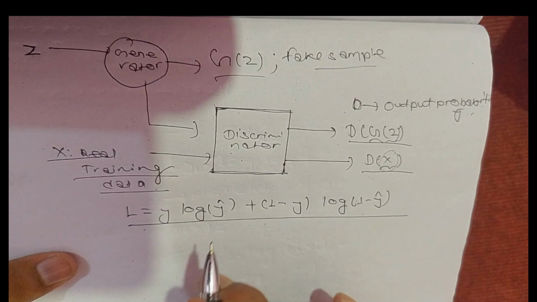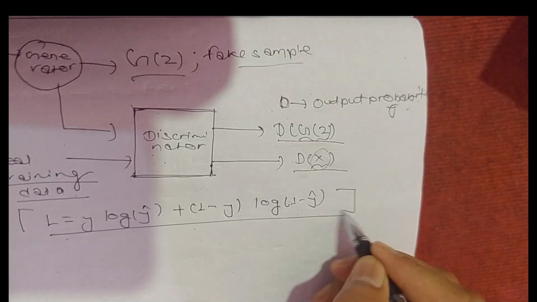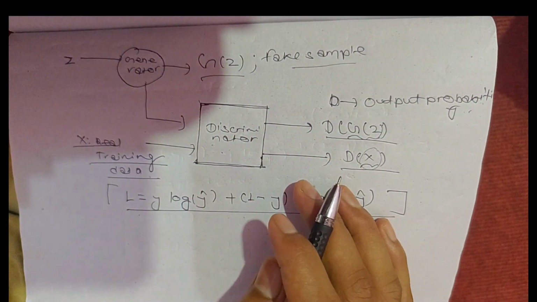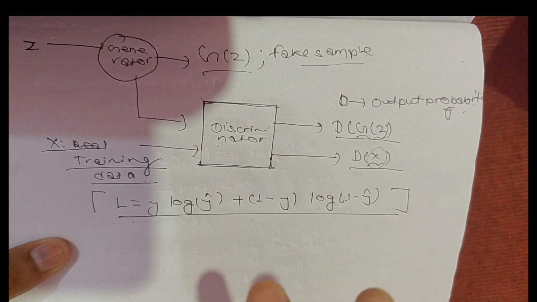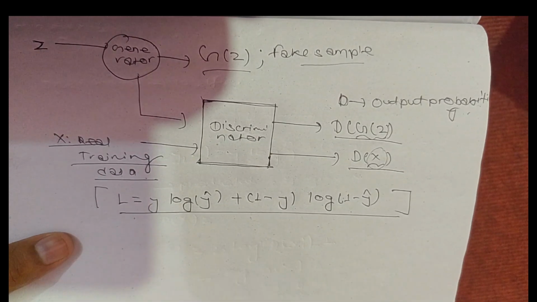Our objective here is to build the loss function of this GAN. We will try to learn from first principles, so we will not directly write down the objective function.